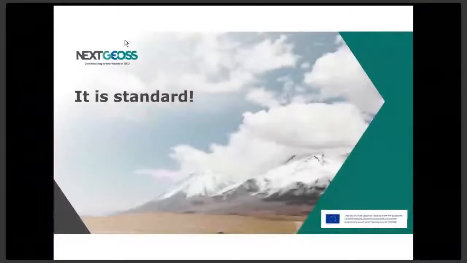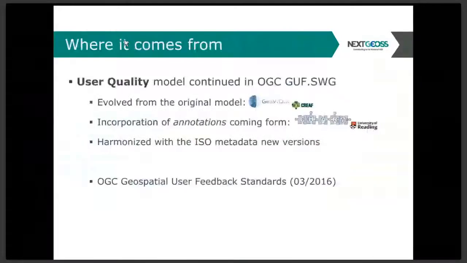And yes, it is actually in a standard. This originated in a project that we led called GeoViqua. Then there was another project led by the University of Reading called Charmy that did some annotation work that more or less had some connections with the other.